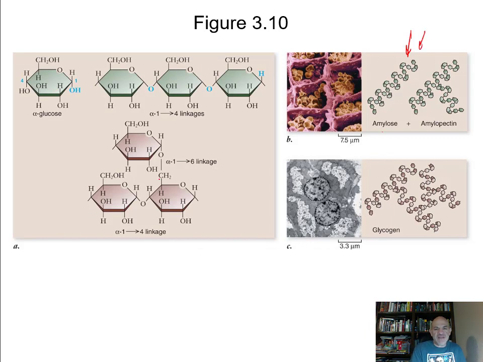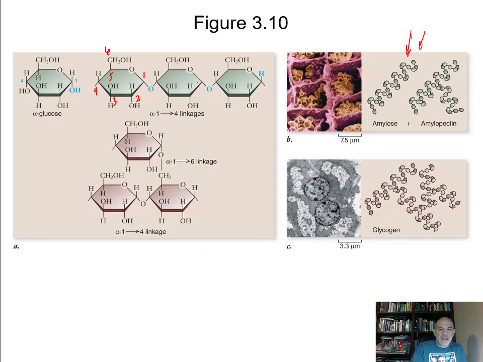And it says that the linkage is a 1,4. So just a little quick interpretation, just so you say, wait, what does that mean? Well, remember we name or number the carbons, right? This is number 1 carbon, 2, 3, 4, 5, and then this is the number 6 carbon.